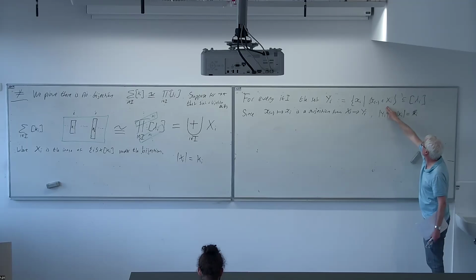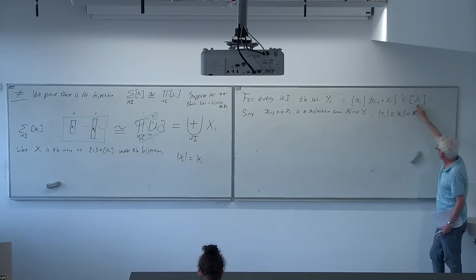So here we have a subset of the ordinals strictly less than lambda sub I, but that subset has strictly smaller cardinality than the whole set.